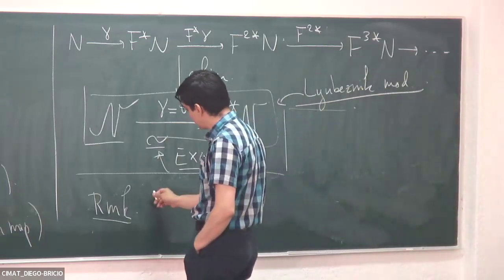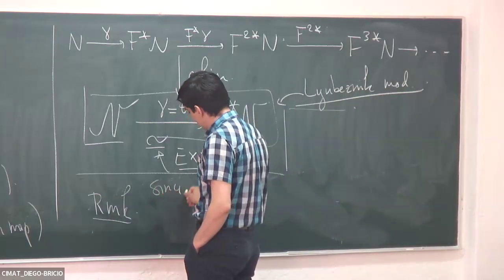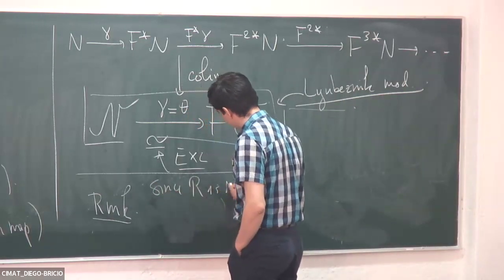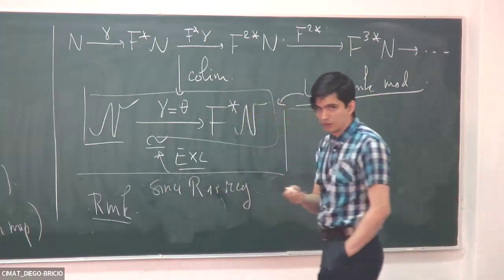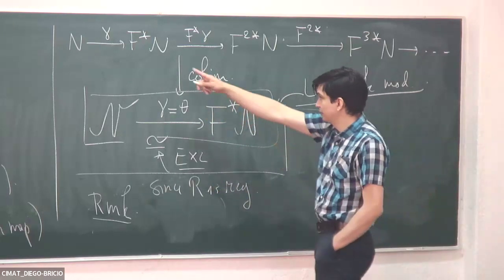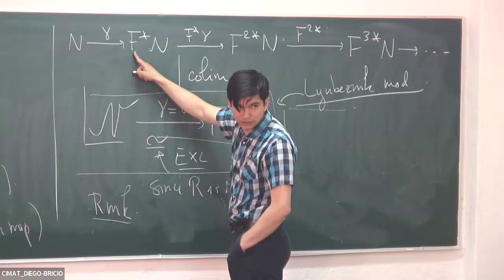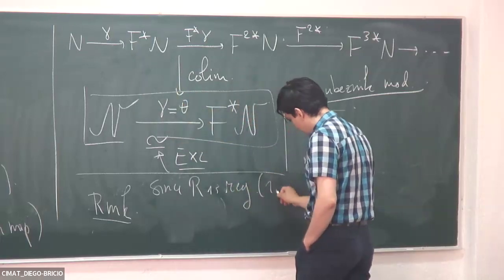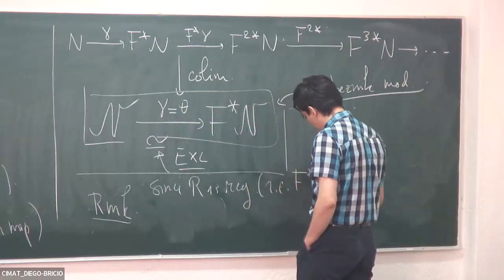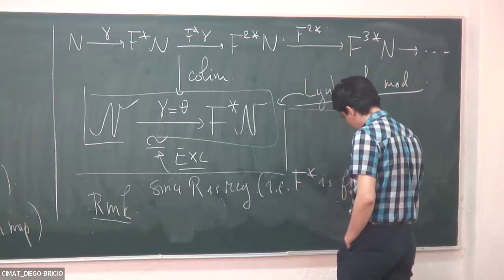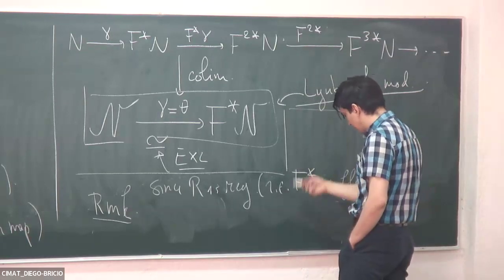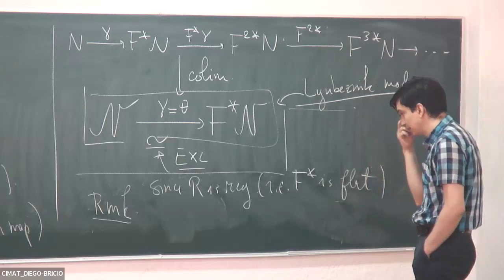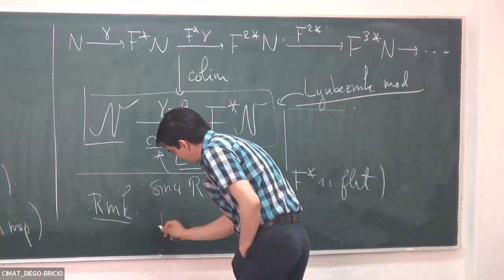But the point is that since R is regular, what do you think is being used here? That this pullback is a flat operation. So i.e., Frobenius pullback is flat. Well, actually, yes, it's projective. It's flat.